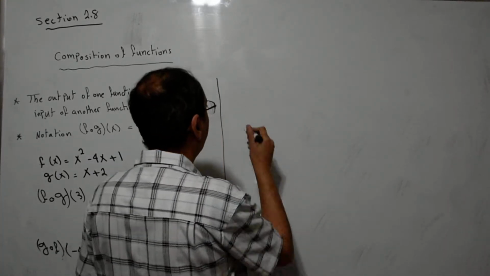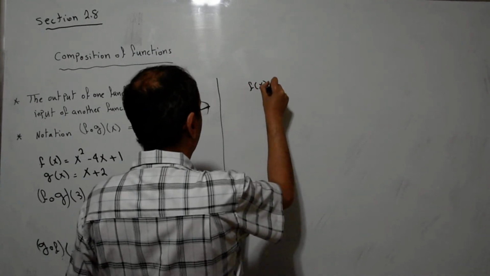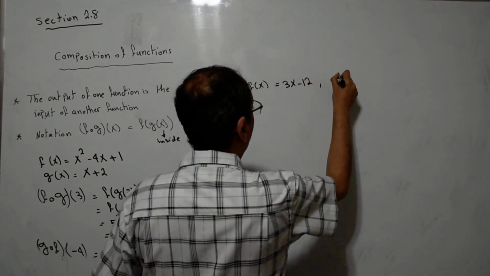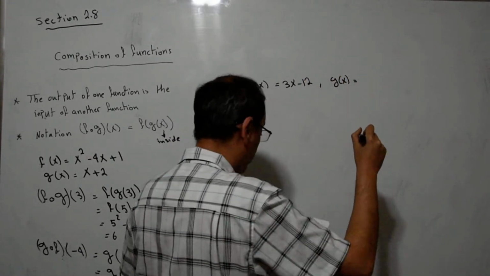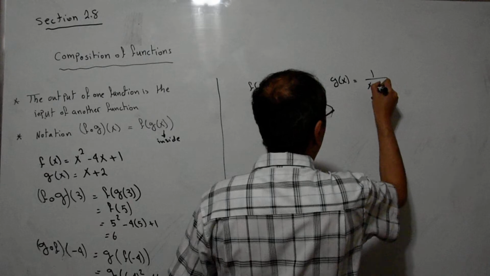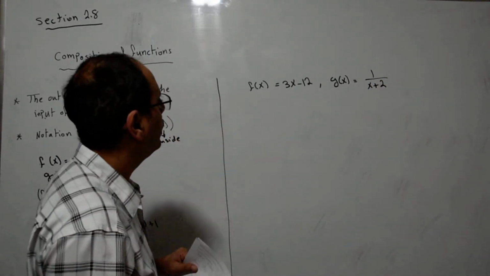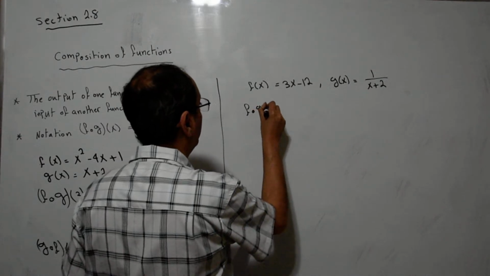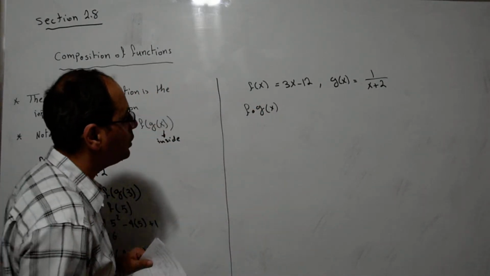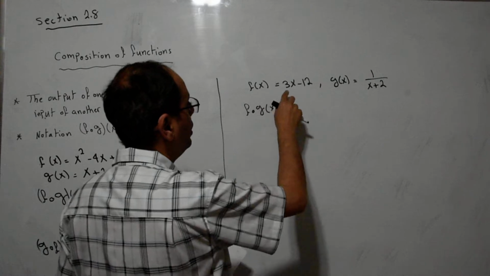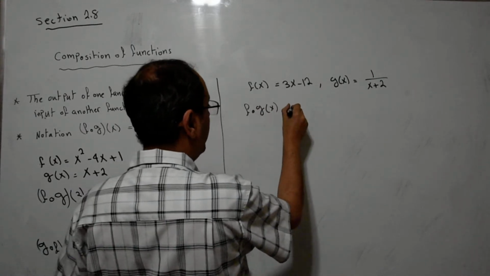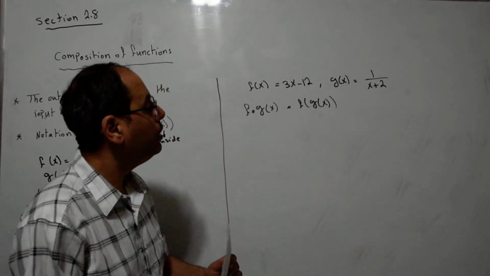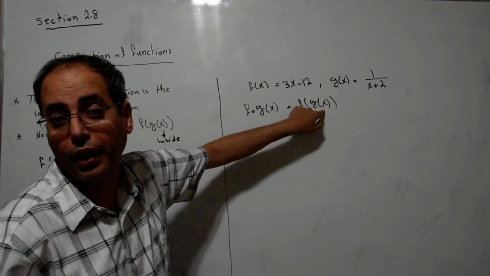If I have f of x equal 3x minus 12 and g of x equal 1 over x plus 2, find the domain of f compound g of x. I start first with the domain of the inside. So this is f of g of x, and I'm finding the domain of g of x first.